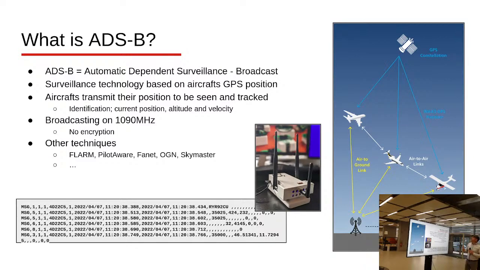You are sending basically your identification, so your ICAO code, your velocity, your altitude, the direction you are going, your position basically, but also the heading. All of this is being broadcasted on 1090 megahertz. It's an open protocol, so you can read it in the air.